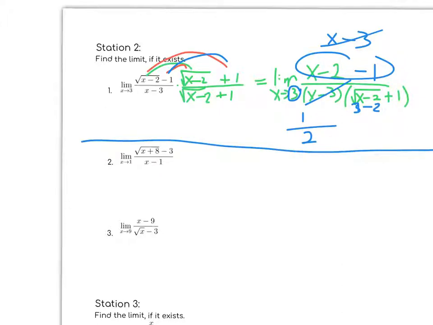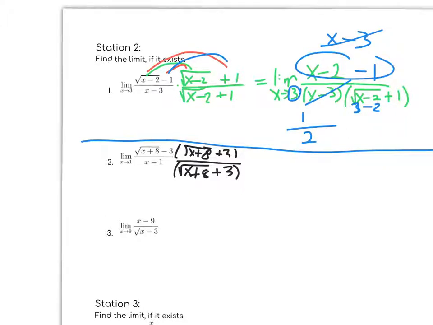Number 2, we're doing the same thing. Square root of x plus 8 minus 3, so I multiply by square root of x plus 8 plus 3 on top and on the bottom.